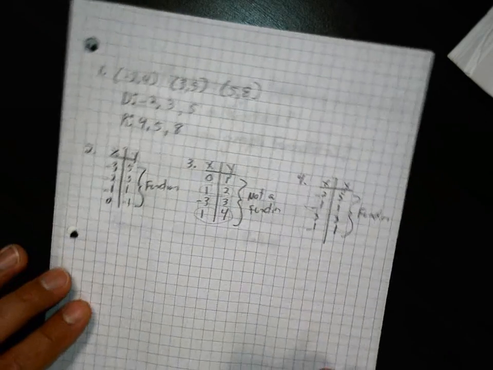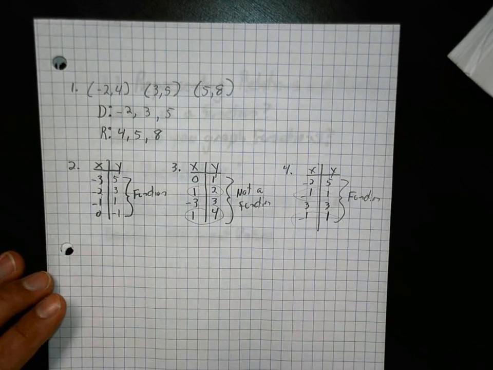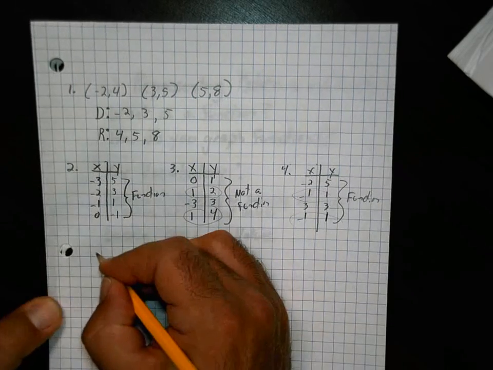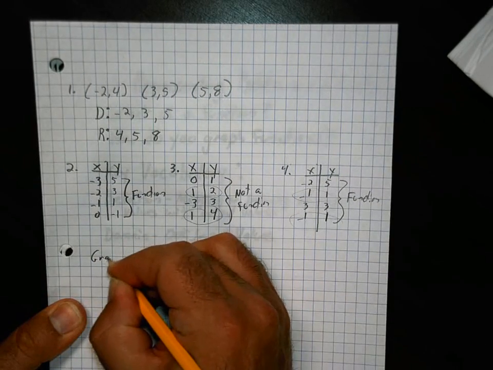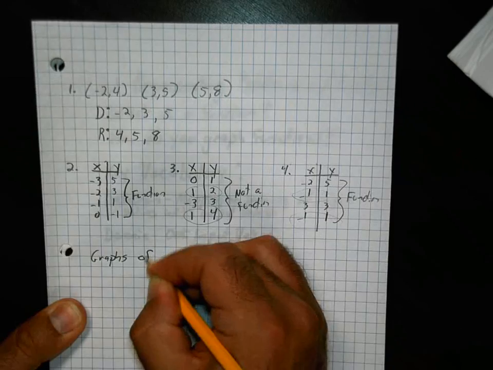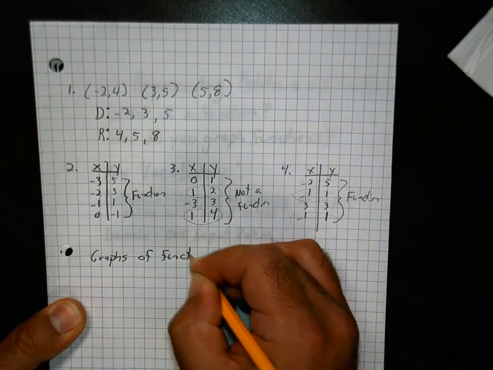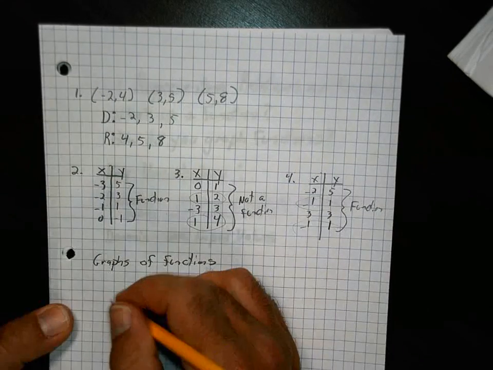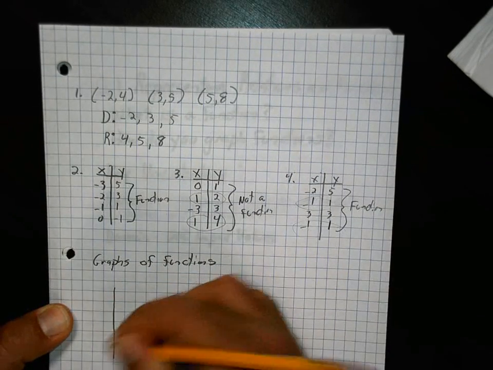So now the next question is, graphically, how do we determine whether a graph is the graph of a function or not a function? So we're looking at graphs of functions. Let's do a simple graph that you've seen before.